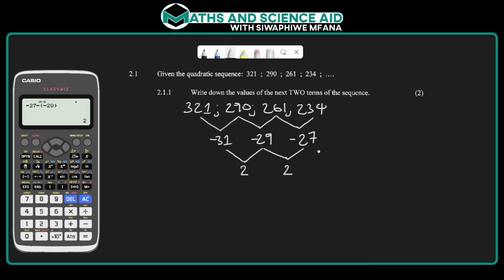we can work backwards. The difference between the next term in the first difference and this negative 27 term must be equal to 2. Since we do not know what that term is, we can call it x. And so we know that x minus negative 27 must be equal to 2. And so we can work out the value of x here.